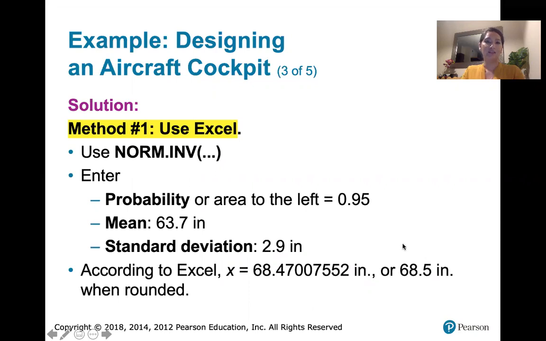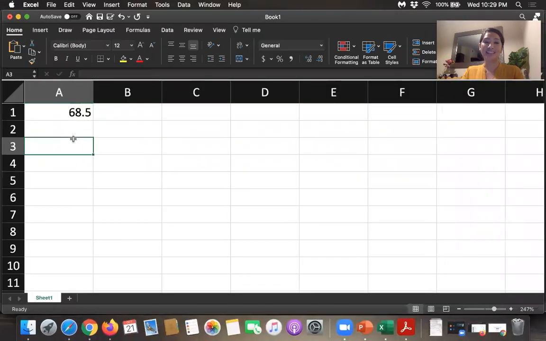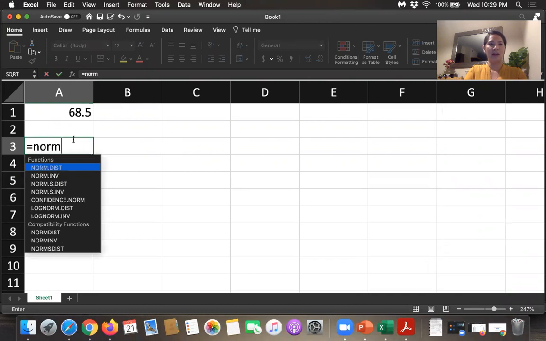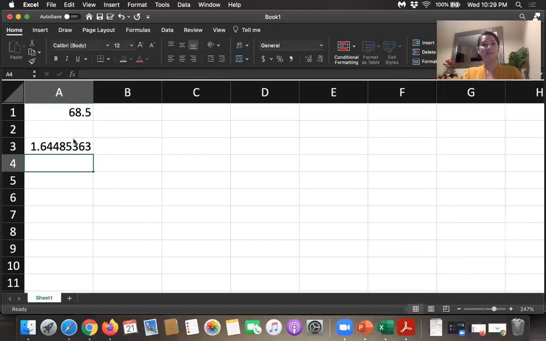Now, if I wanted to, I could also use Excel to find the corresponding Z score. So I could say, well, let's use norm.s.inv. So that's the standard normal inverse function. And then I just want the probability or the area to the left to be 95%.